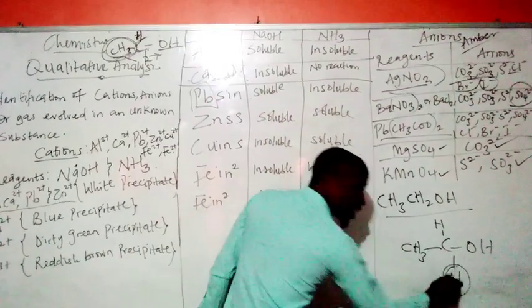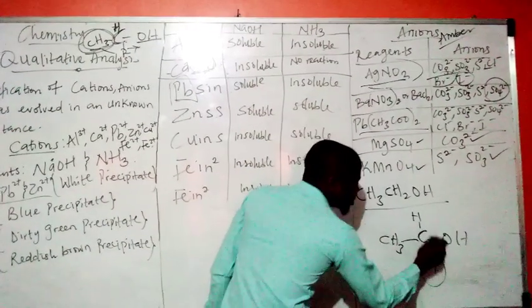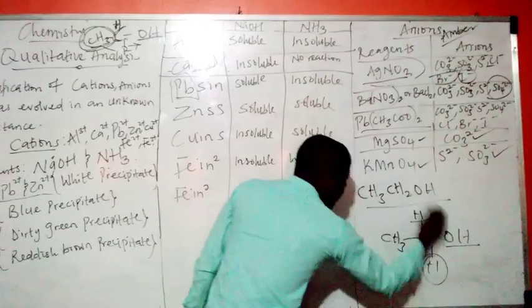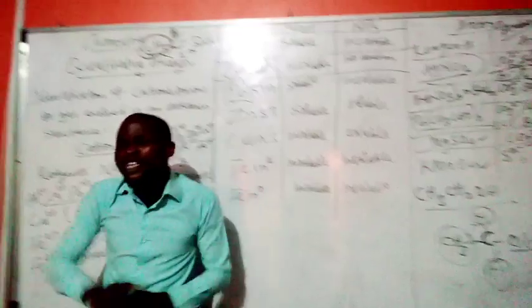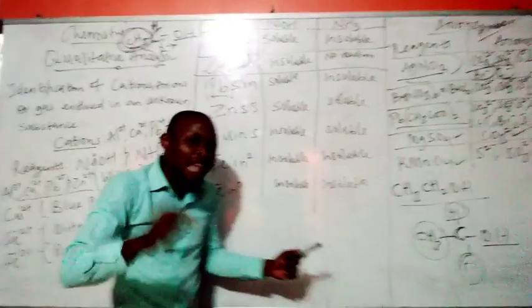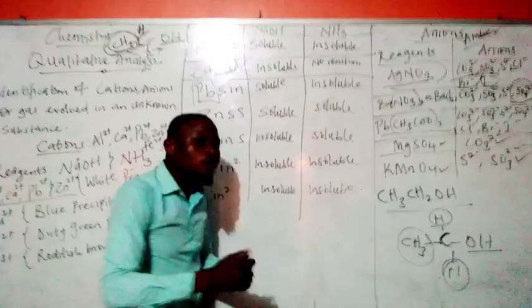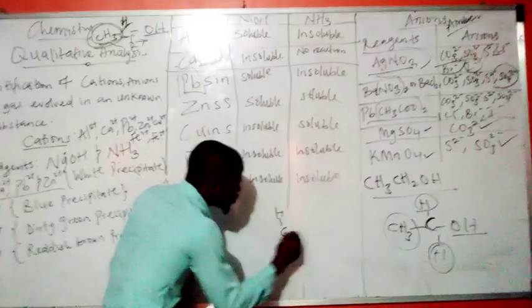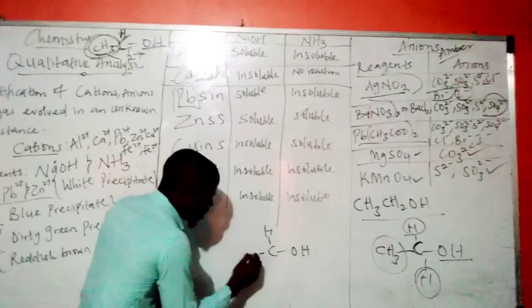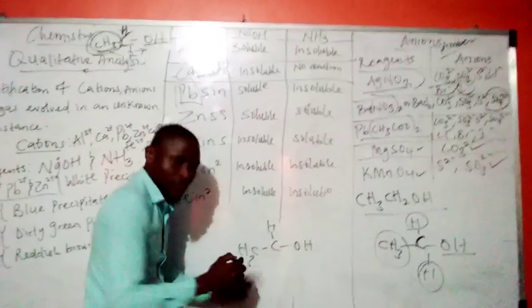So far the carbon carrying the OH group has 1 hydrogen and 1 methyl group. Ditto, which means we can also use it to detect the presence of what? Of a secondary alkanol. If you look at this, H, OH, a methyl group, CH3. And we're on the same page.